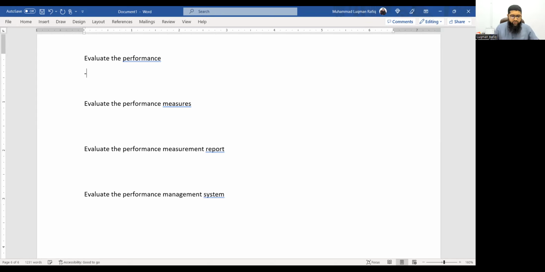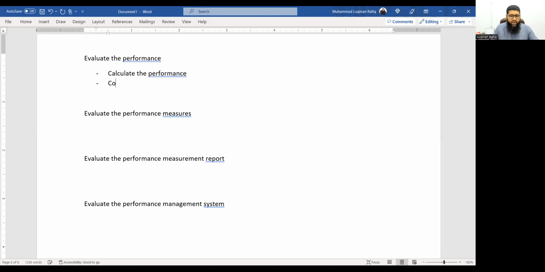Now let's talk about what you will do with respect to evaluating the performance. First of all, you would calculate the performance, and then you will comment on the performance. That's it for the evaluation of the performance.